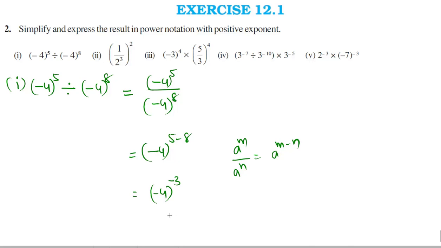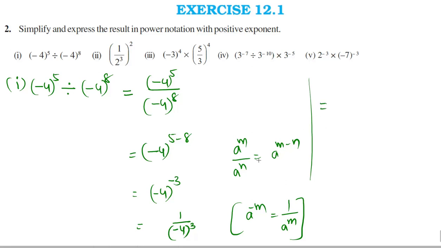To remove this minus in the exponent, we can write this as 1 by negative 4 whole cube. Why? Because a to the power of minus m equals 1 by a to the power of m. This is the identity.